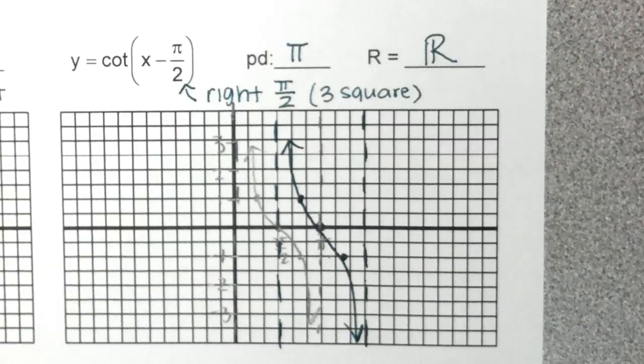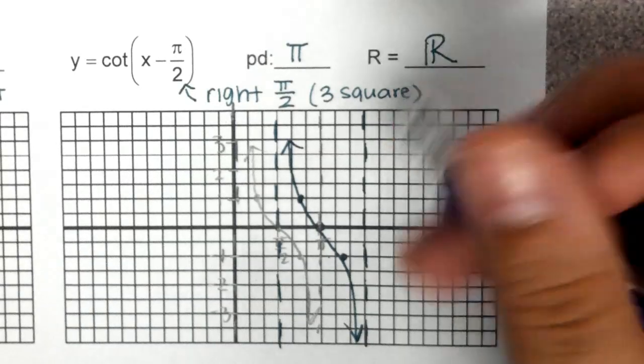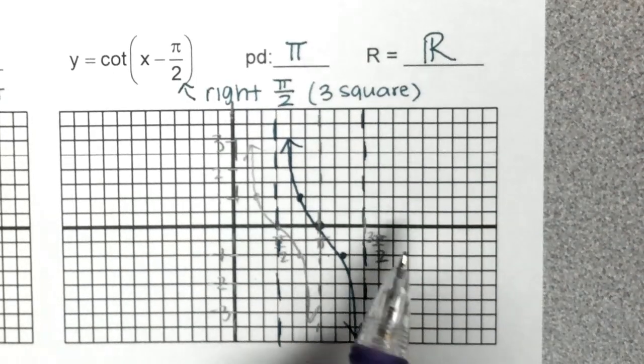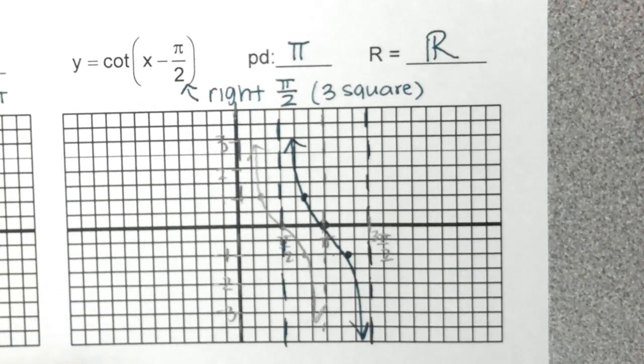Don't forget your arrows on all of these. Every single tangent and cotangent needs arrows. And then don't forget to label this right here, 3 pi over 2, because you'll get points off for that. And that's it.